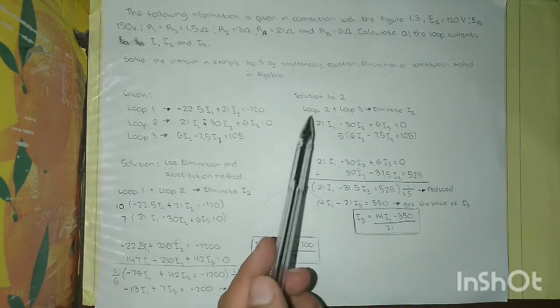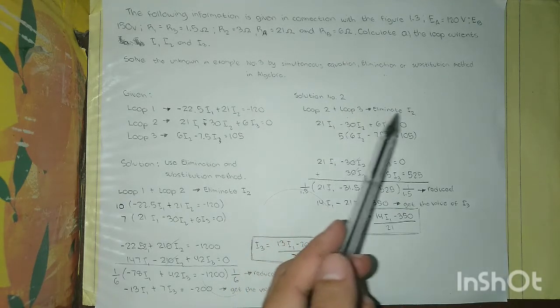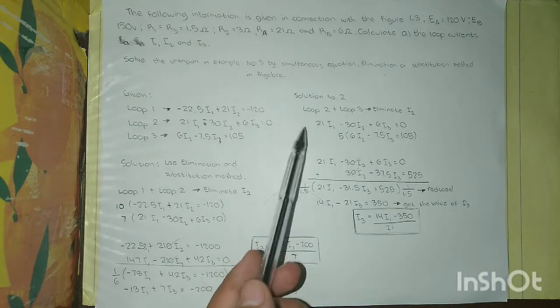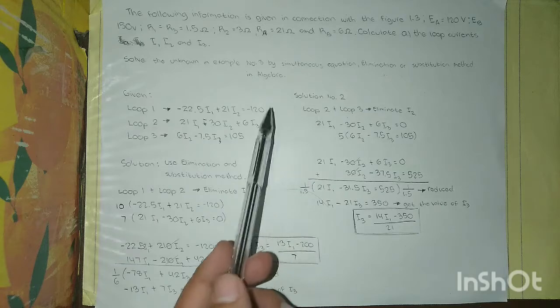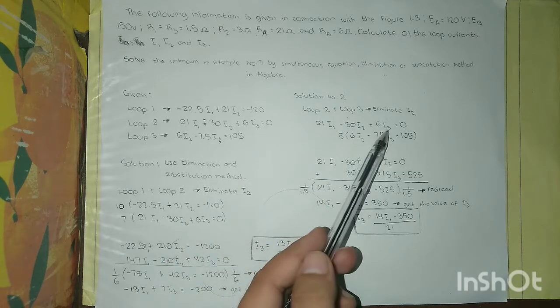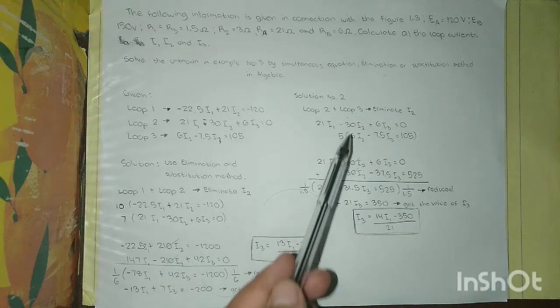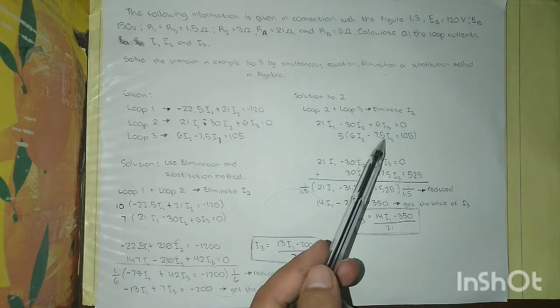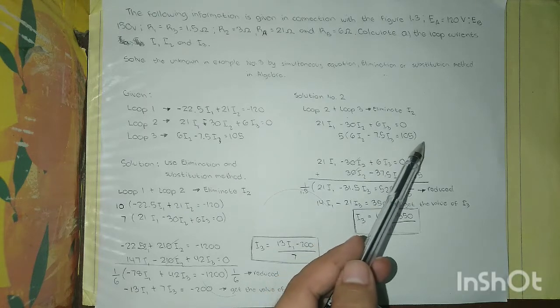Solution number 2: add loop 2 and loop 3 and eliminate I2. Loop 2 is the equation 21 I1 minus 30 I2 plus 6 I3 is equal to 0, and the equation of loop 3 is 6 I2 minus 7.5 I3 is equal to 105.